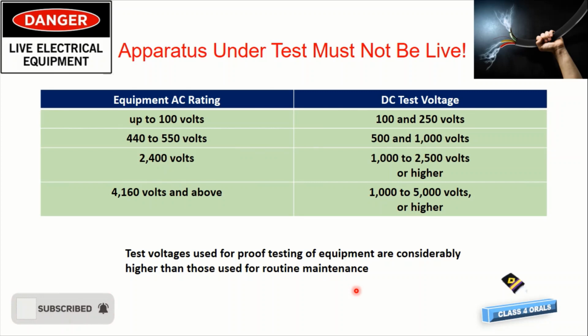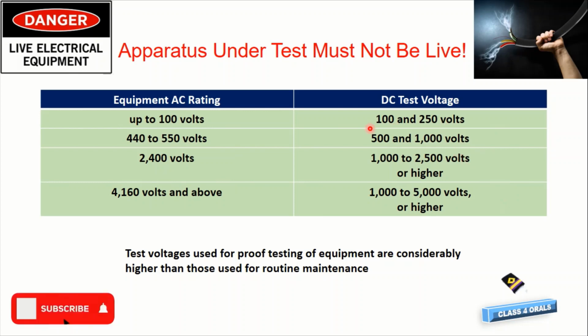And before testing, the apparatus or machinery should be isolated, and it should not be live. This is the AC equipment rating and the DC test voltage up to 100 volts. Your DC test voltage is 250 volts to 1000 volts, and as your AC rating increases, your DC test voltage also increases.